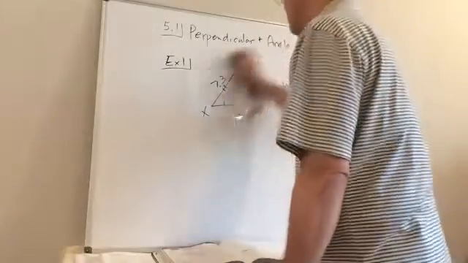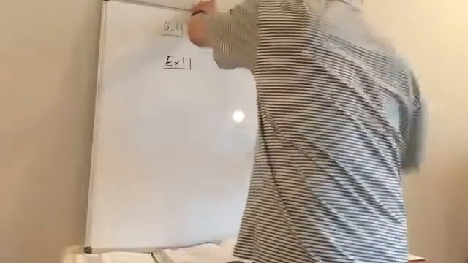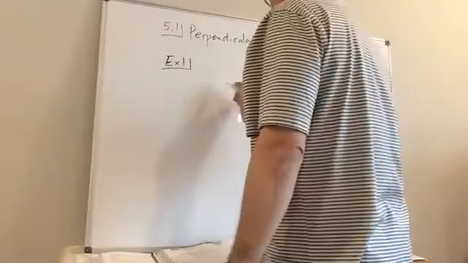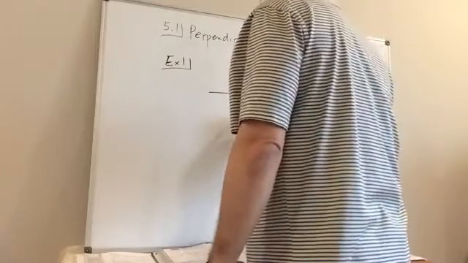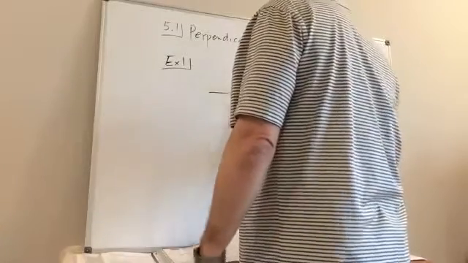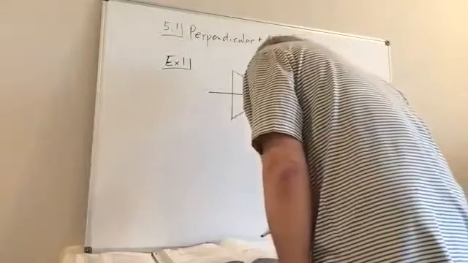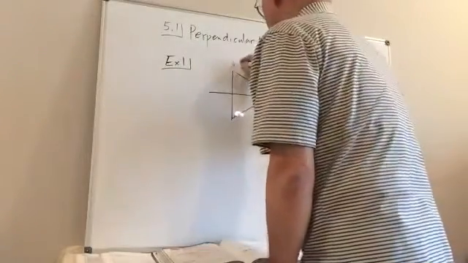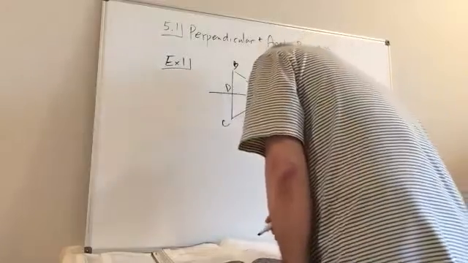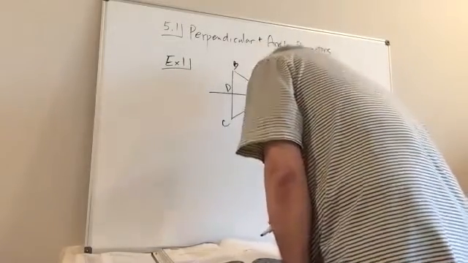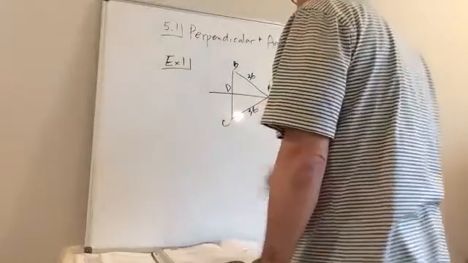Okay, the next one, we have a figure like that, and we have A, B, C, D, and we want to find BC. We're given this as 36, this is 36.